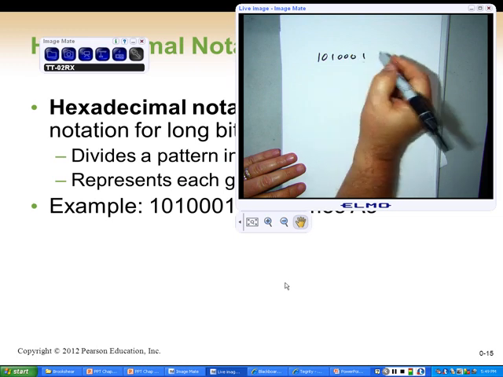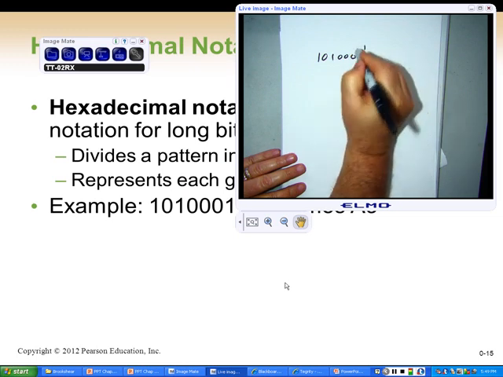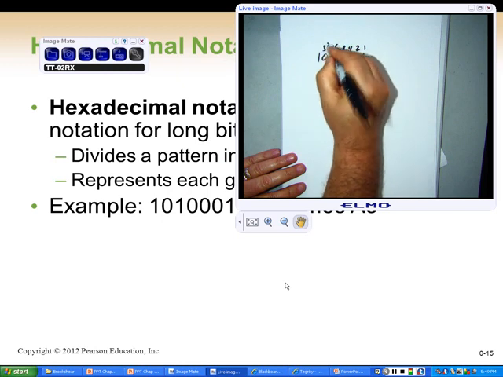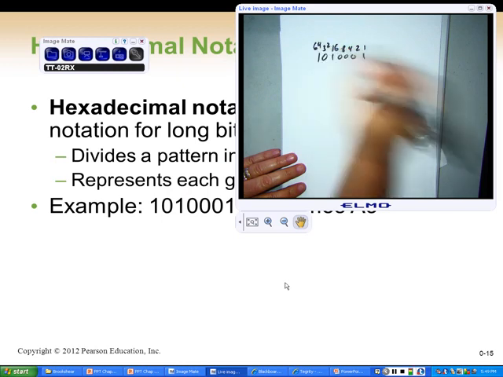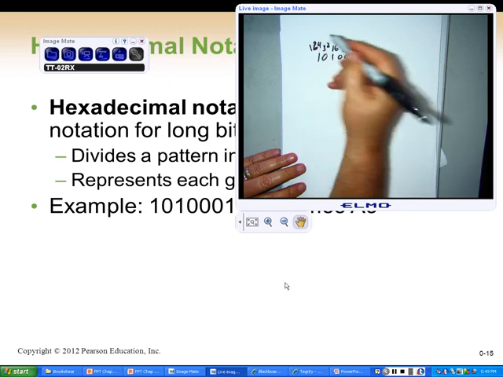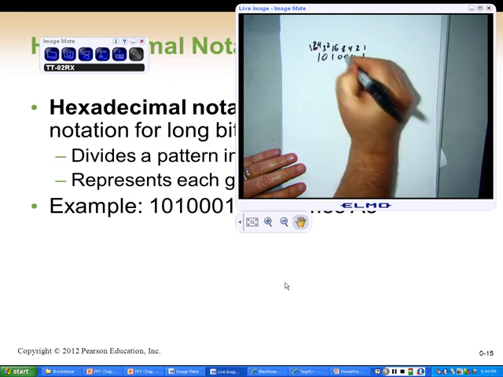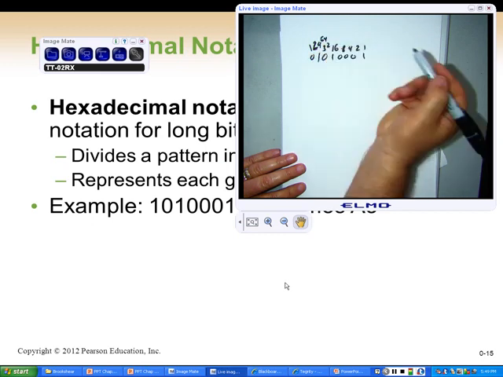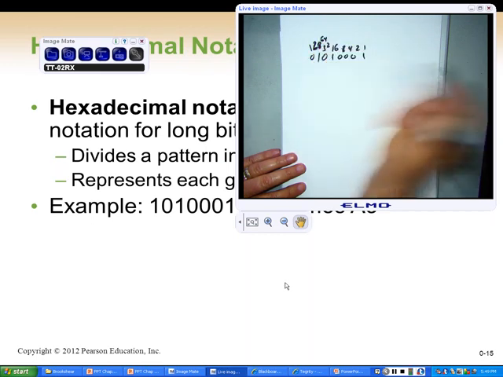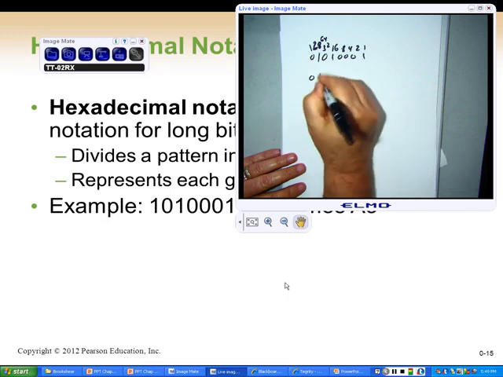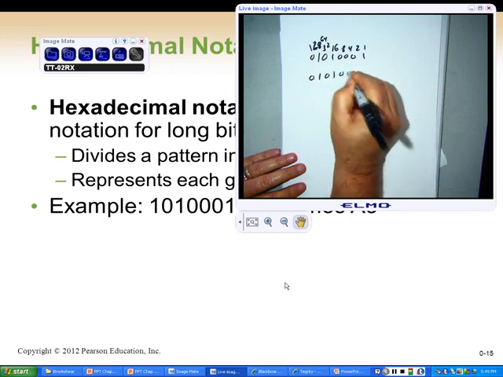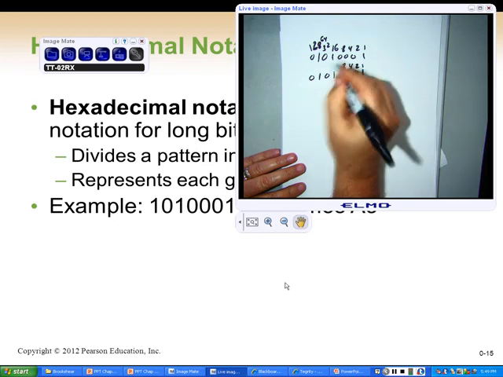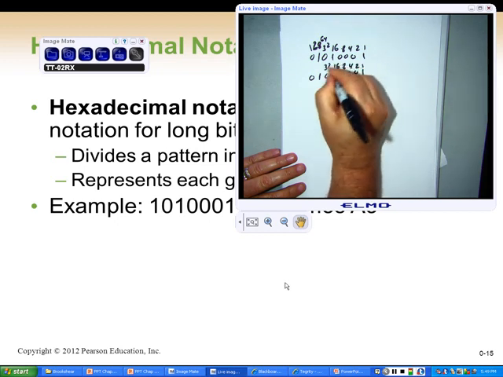I'm going to multiply this by 1, 2, 4, 8, 16, 32, and then 64 and 128. So I'm going to write it again. 0, 1, 0, 1, 0, 0, 0, 1. It's going to be 1, 2, 4, 8, 16, 32, 64, 128.